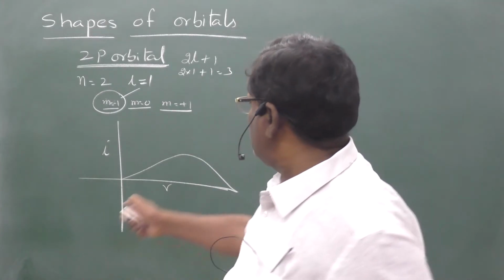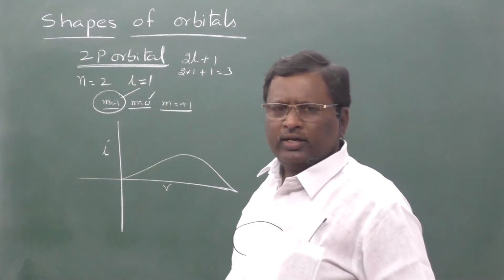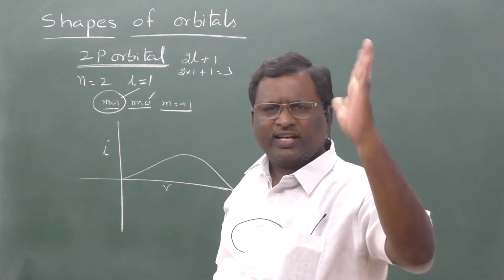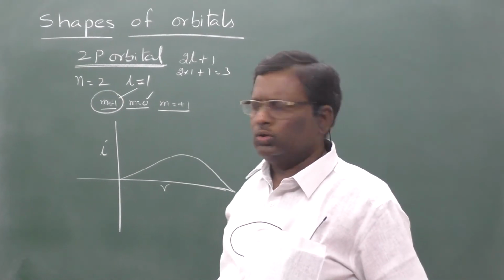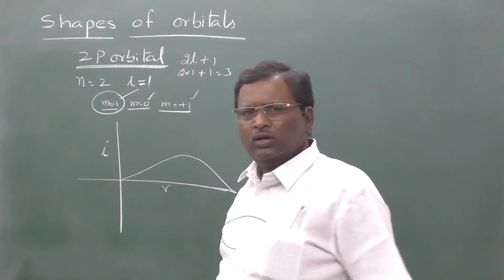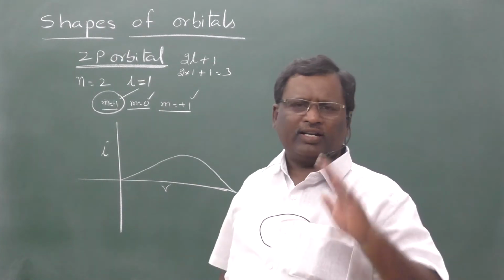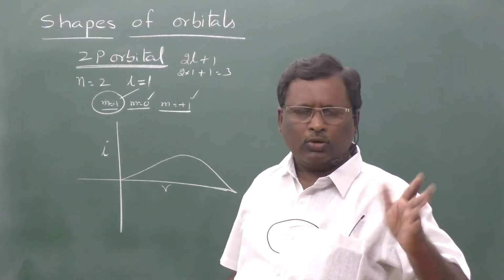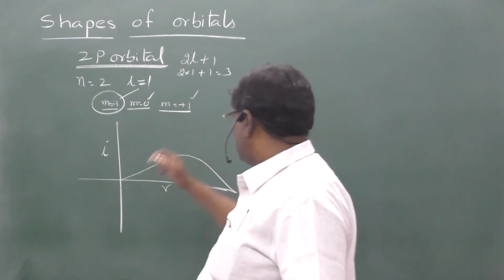For m is equal to 0, along the z-axis it has this probability, and along x and y-axis its probability is almost 0. For m is equal to plus 1, only along y-axis I found the probability like this, but along z and x-axis it is almost 0. So I cannot construct a sphere based on the maximum.